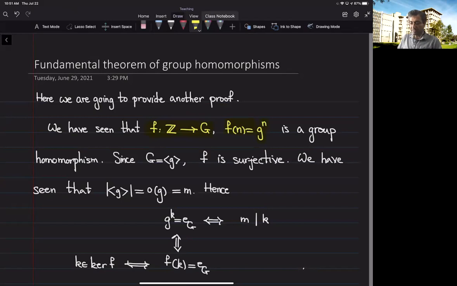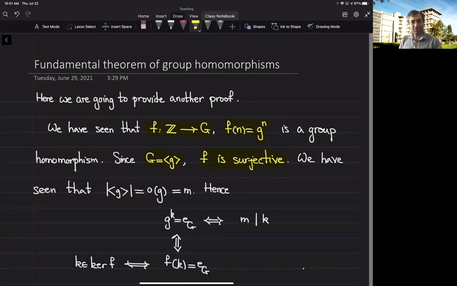Now, knowing that this group is generated by the element g, I deduce that f is surjective because all the elements of a cyclic group generated by g are of the form g raised to some integer power. So f is surjective. Now we understood its image.